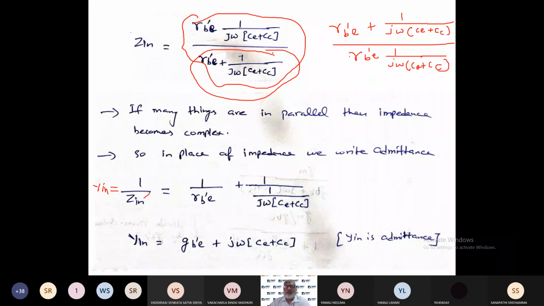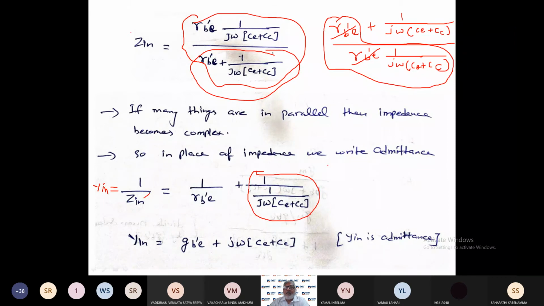Okay. So first we have taken this part. So for this, R B dash E and R B dash E will be cancelled out, and we will get 1 by 1 by j omega CE plus CC. So you see this part we will get.